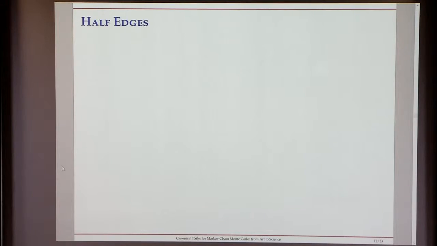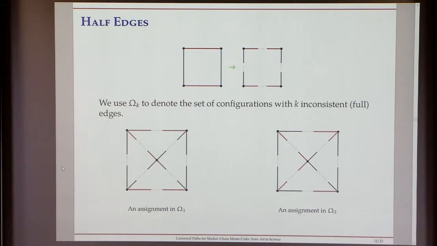In order to work on this, our configurations are on the so-called half edges. So consider a graph. We break each edge of the graph into two half edges. So just like this. And we have many classes of configurations. We use omega k to denote the set of configurations with k inconsistent edges. So in the following, we will use a red edge to indicate this edge has been assigned value 1, and a black edge to indicate this edge has been assigned value 0.